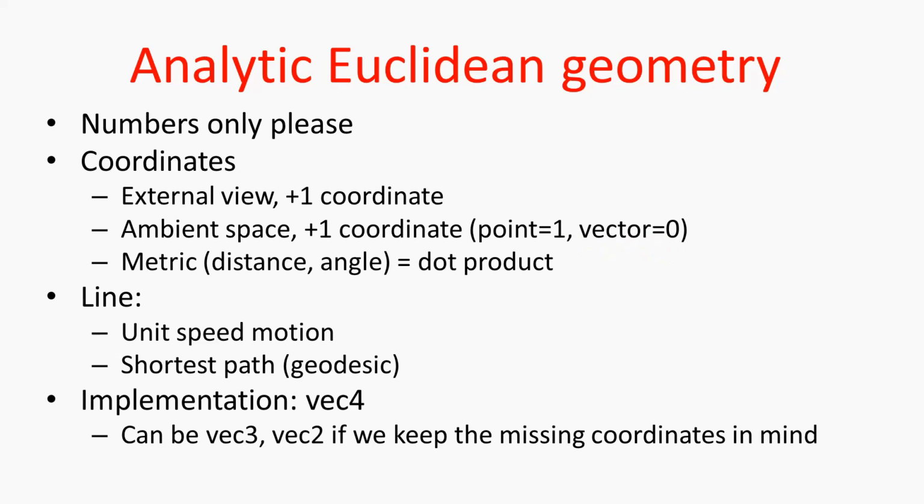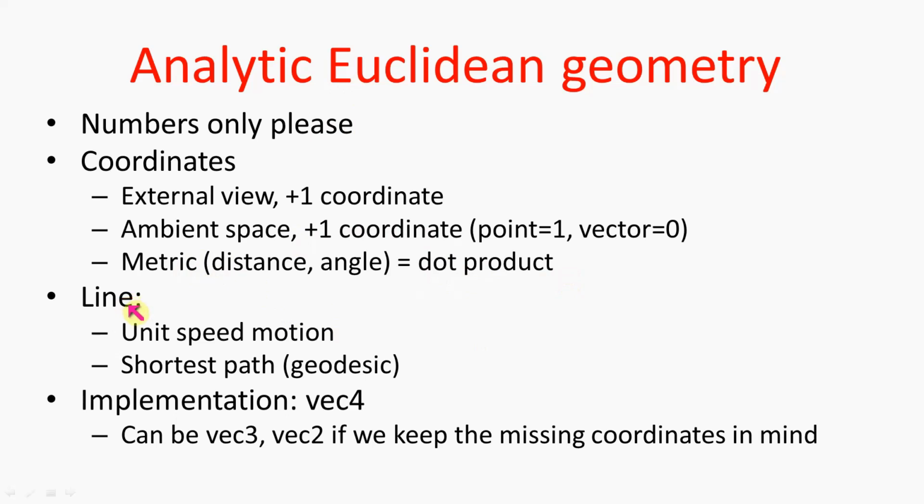But in those cases, points, vectors are represented differently as elements of the ambient space. In metric geometries, like the Euclidean geometry, we need the definition of the dot product because both the length and the angle are derived from the dot product.